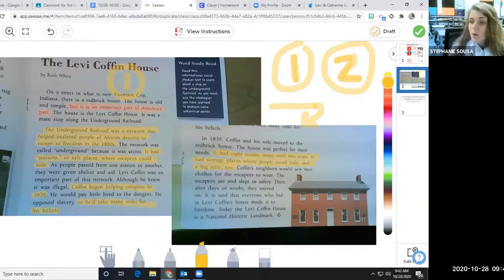Excellent. What more did we find from this page of the text about why this is an important part of America's past? Aiden G., did you find a statement about why this is an important part of America's past? What statement did you find?